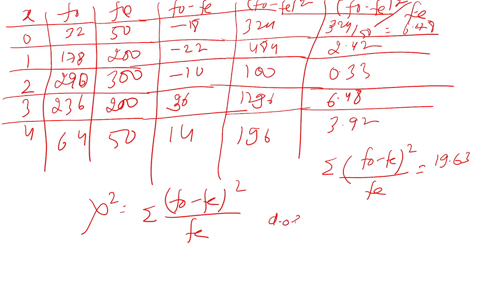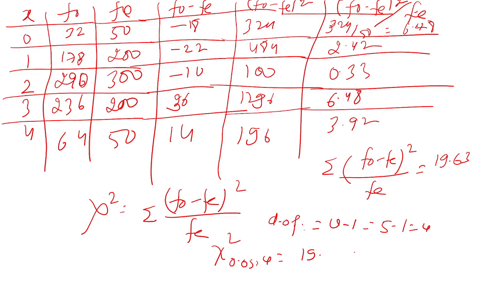So now we'll calculate the degrees of freedom. How much do we have? Total 5 minus 1, which is 4. Now we find chi-square at 0.05 with 4 degrees of freedom.